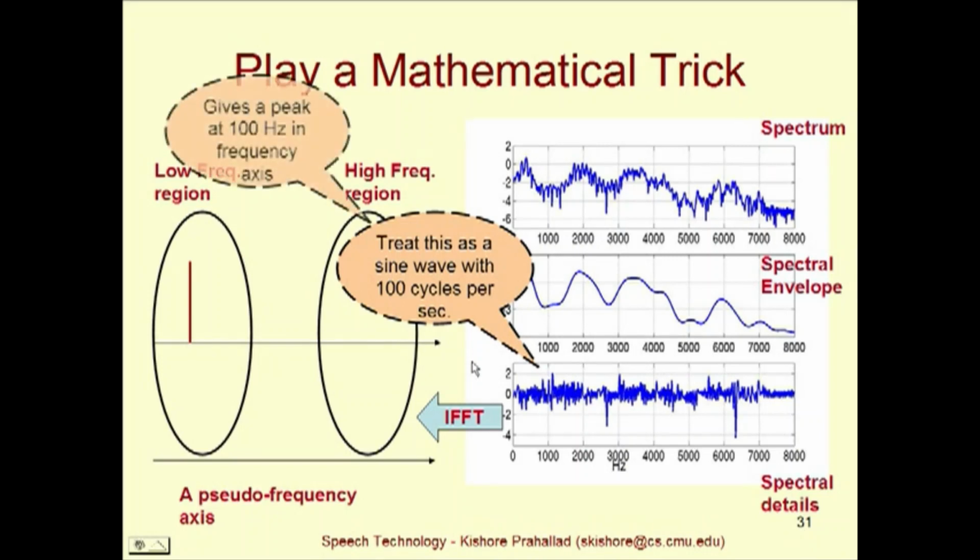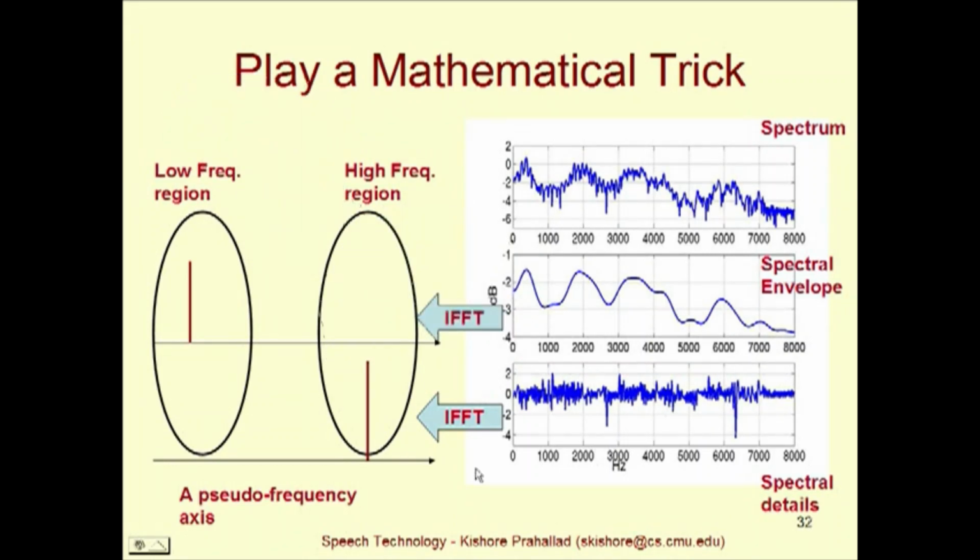So what do we mean by that? When you take an FFT of a sine wave with 100 cycles per second, you would get a peak at 100 Hz on the frequency axis. This 100 Hz is in the high frequency region, so you should get a peak somewhere here, correct?